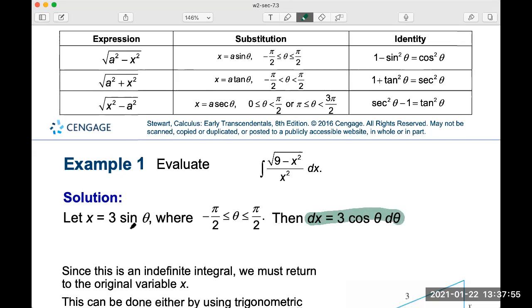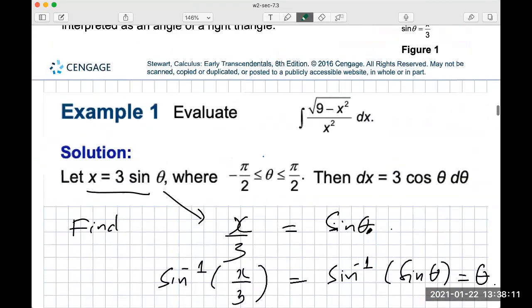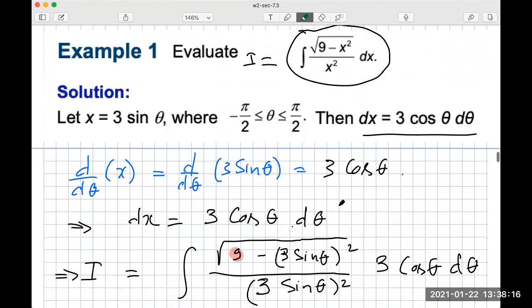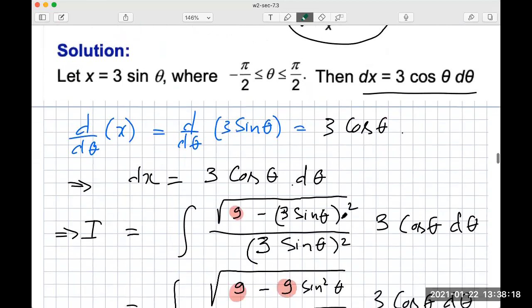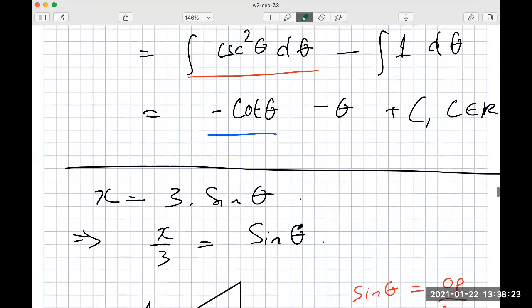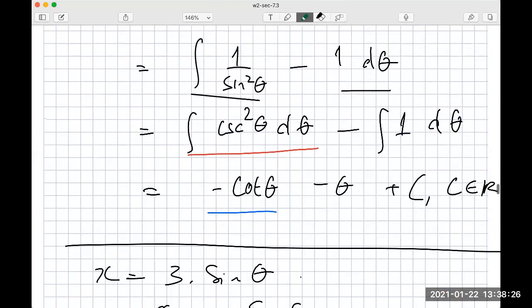We take the derivative with respect to theta on both sides. The left-hand side is dx over d theta, and the derivative of the right-hand side with respect to theta gives us 3 cosine theta. I believe that you've done this back home, and we got that the integral of this becomes this.